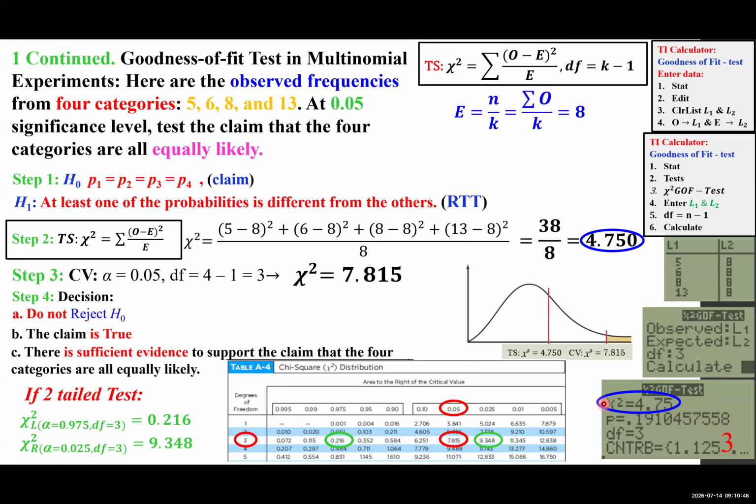Now, as far as technology is concerned, they go with the p-value. Of course, degrees of freedom is 3. And what is this one? This is the p-value, 0.191, way larger than alpha of 0.05, and you get the same decision: fail to reject H0. Very straightforward, everybody. I hope everybody is fine with that.